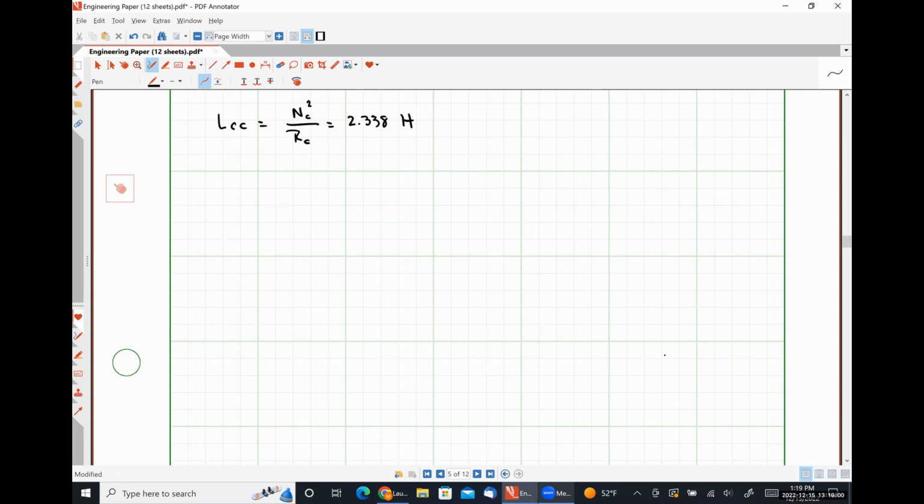So what I mean by that specifically is we are going to have to analyze one of the two following circuits. Whichever one we choose should give us the exact same answer as the other one.